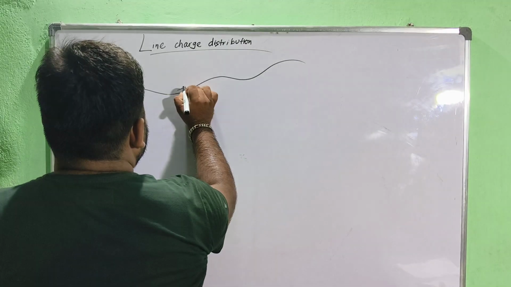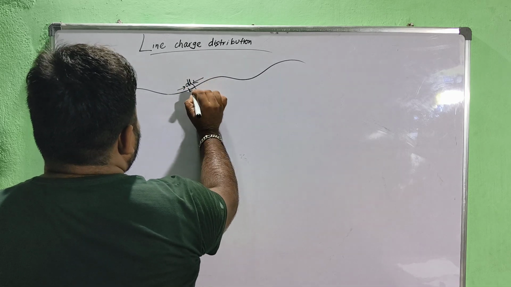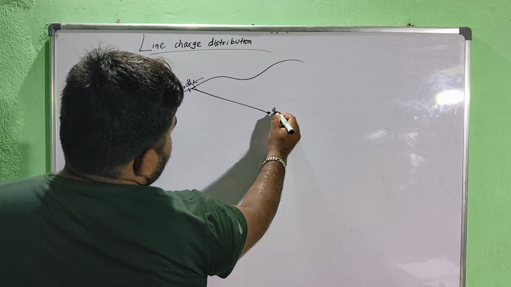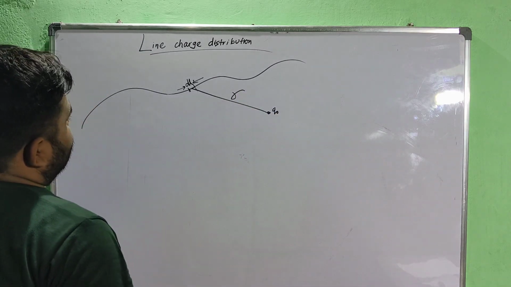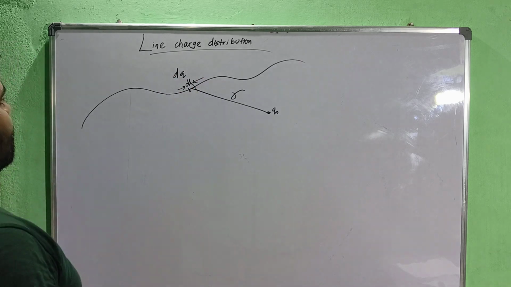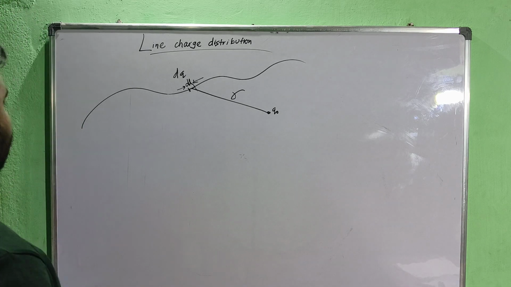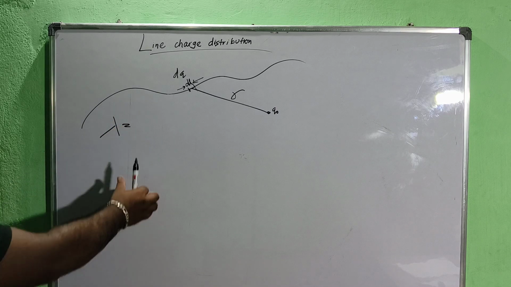Let the length of the element be dl, and the point charge is q naught. This distance is r. Let the charge on the element be dq. For all these purposes, we consider another term known as lambda. What is lambda? It is linear charge density.